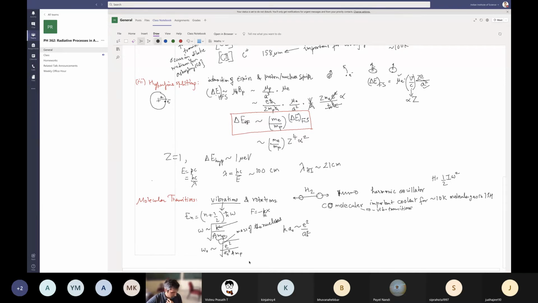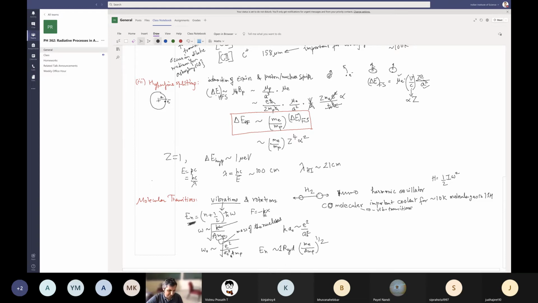Right, so if we plug in the numbers, we get that E_n for the nth level just scales as the Rydberg, the principal energy associated with the n equals 1 orbit, times (m_e by the nuclear mass) to the 1/2.